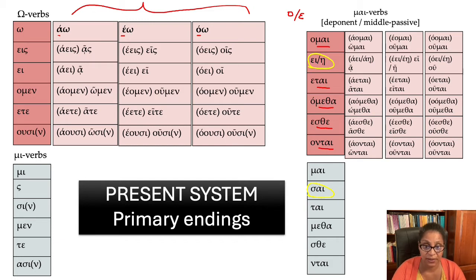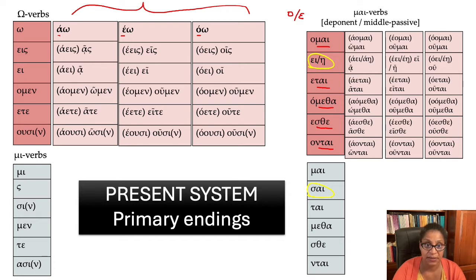So the fact is that omega verbs have these gluing vowels, omicron or epsilon, right? Omicron when it's dealing with a mu or a nu, and epsilon when it's dealing with a sigma or a tau, right?